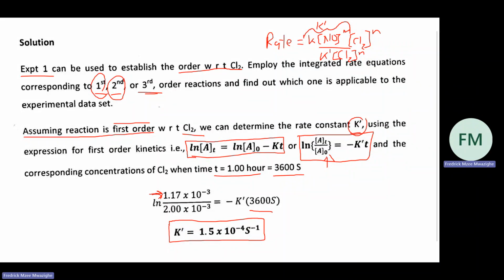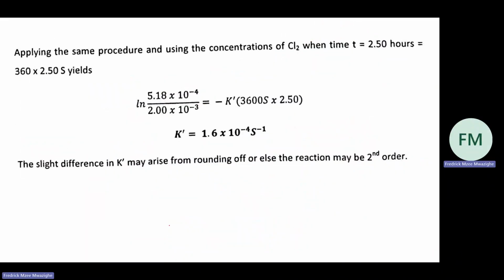For us to find out if this is actually first order, we try the second data set, where we consider time T equals 2.5 hours, and find out what we get as the value of K prime.